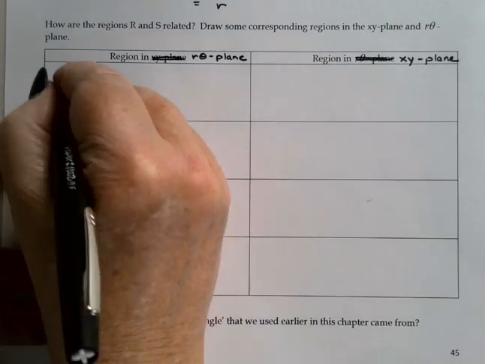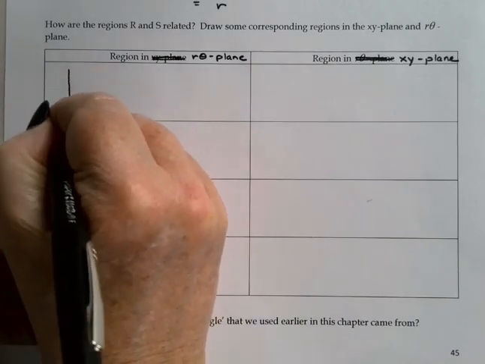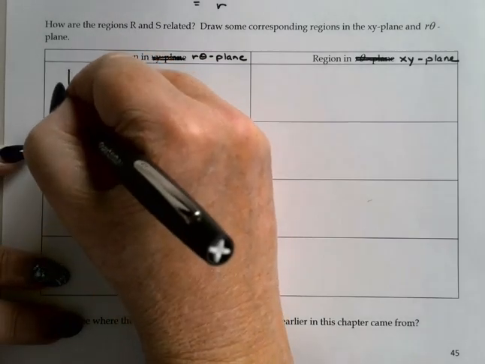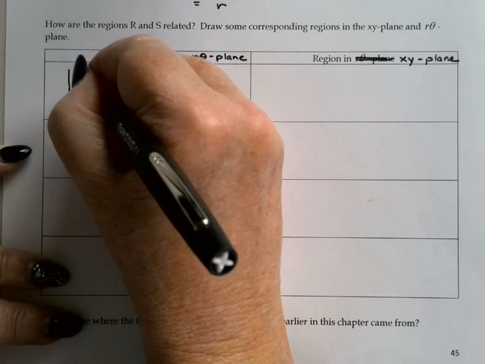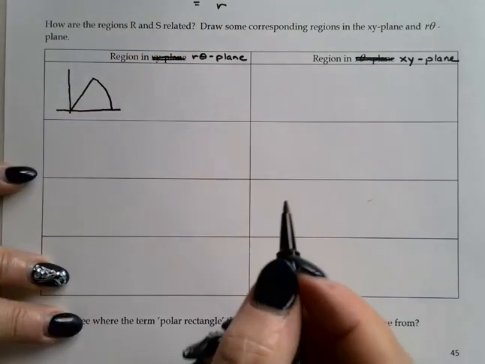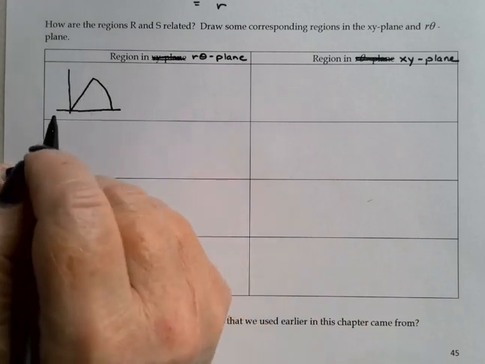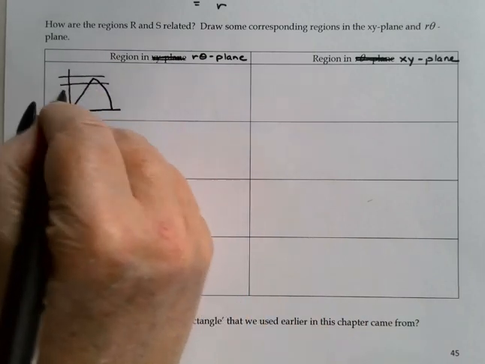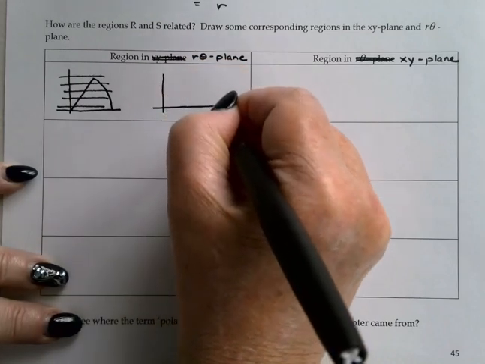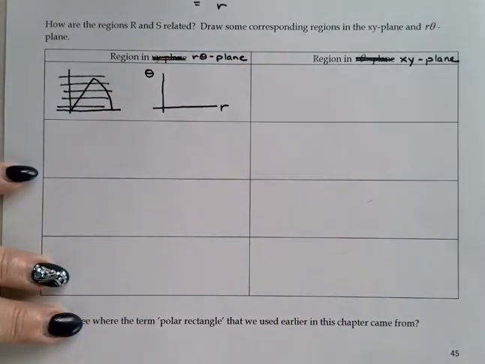So let's, in the r theta plane, think about a pretty nice simple region. I'm just going to go with a piece of a circle. Oh, excuse me. I just did it again. I'm in the r theta plane. So let's think about a nice simple rectangle in the r theta plane.